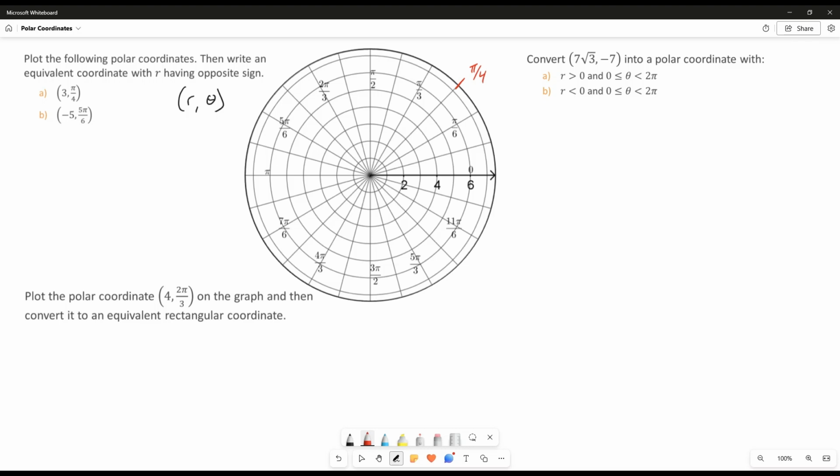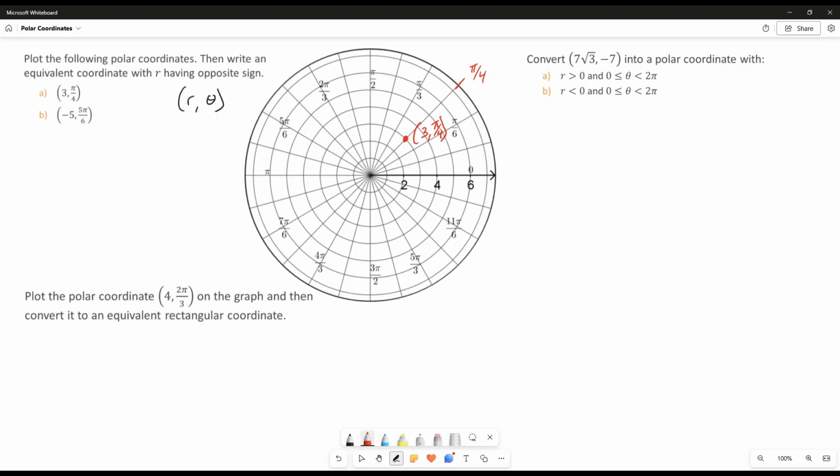And the way the graph is structured, again, is we have these concentric circles, and each circle represents one distance further out from the origin, from the pole. So we want to go out to the third concentric circle. So we go 1, 2, 3. So along the pi over 4 angle, we go to that third circle. And so that would be where 3 comma pi over 4 would be located.